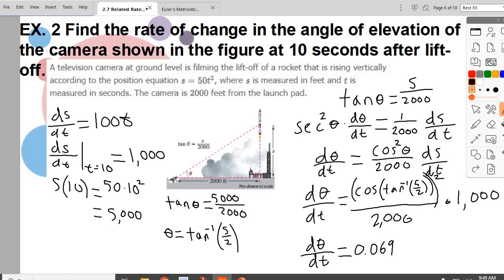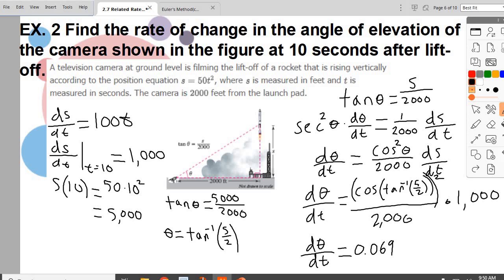Notice here that I have tangent inverse, right? So this part right here is going to give me a degree, but then I'm taking cosine of that degree, which is going to give me a number, not an angle.